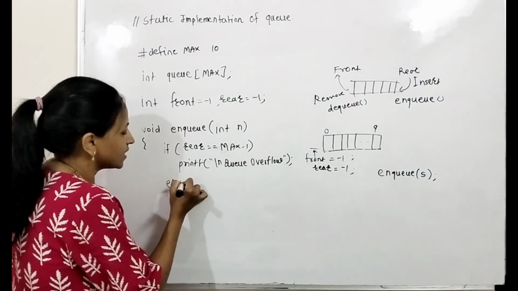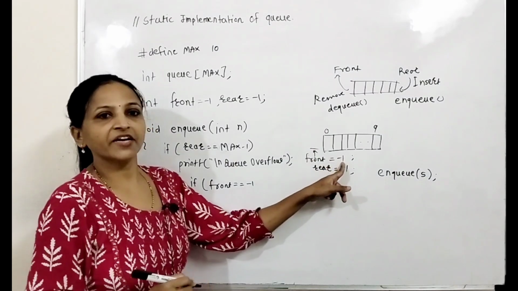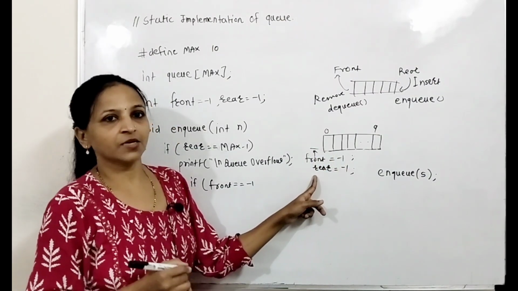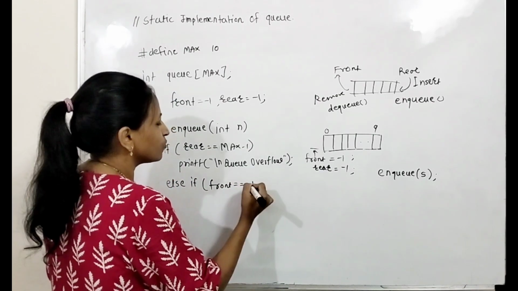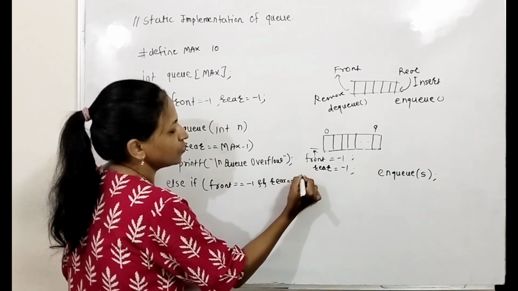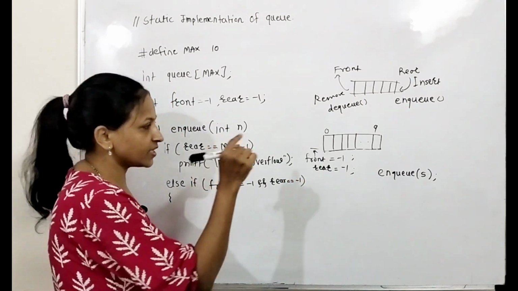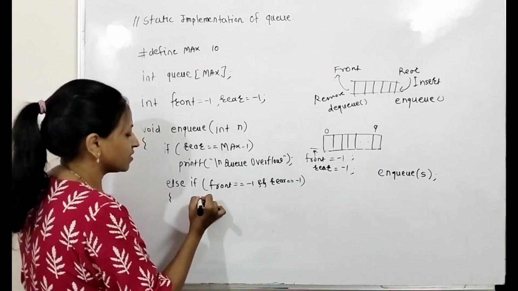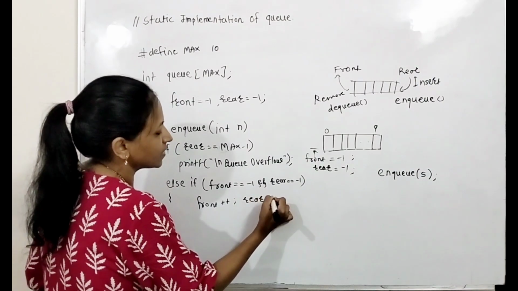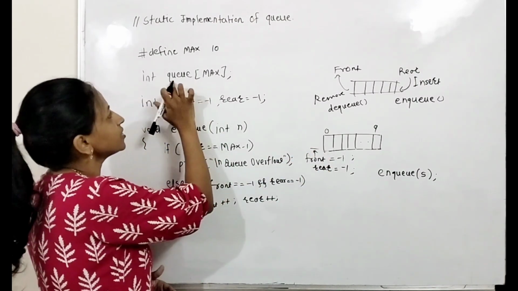Else, if front is minus 1 and rear is also minus 1, we just do front plus plus as well as rear plus plus. We increment front as well as rear, and at that place we insert the element in this Q array.